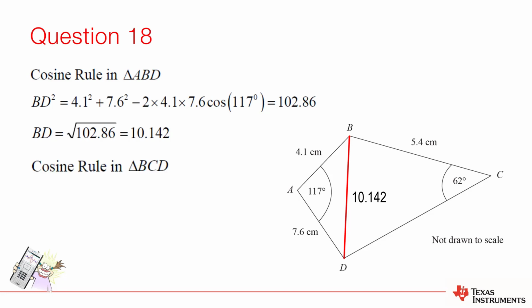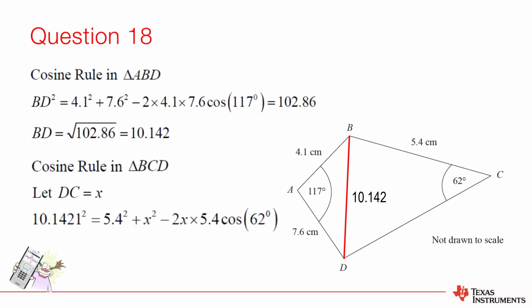The unknown is DC, so I'll call DC equal to X. So this time in my cosine rule, I've got BD squared, which is 10.1421 squared, or 102.86, equals 5.4 squared plus X squared minus 2 times X times 5.4 times the cos of 62 degrees. So we could solve that again on our calculator to give me X equals 11.4867.